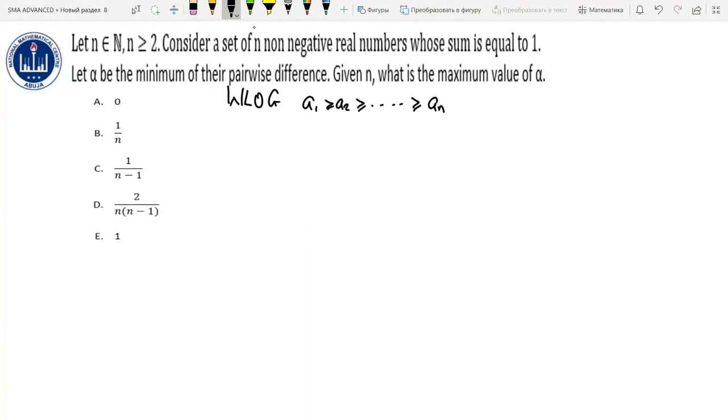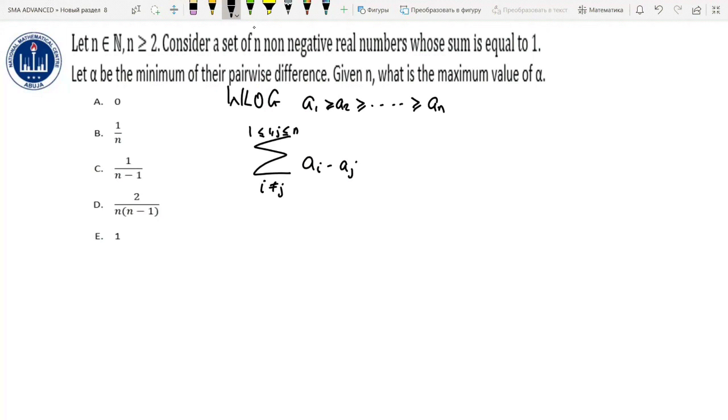Then because we're considering all possible pairs, what we're essentially dealing with is the sigma of ai minus aj, where i is not equal to j and i, j is between 1 and n. I'm not really sure if this is how to write the notation, but this is what we're essentially going to talk about. All the terms in this summation are the terms that we're talking about.